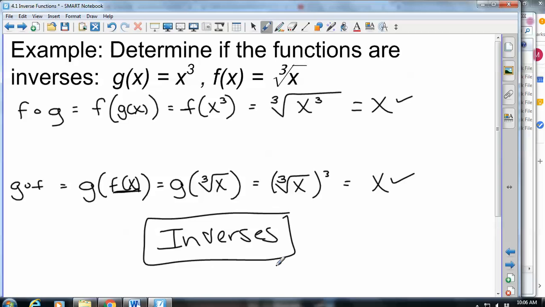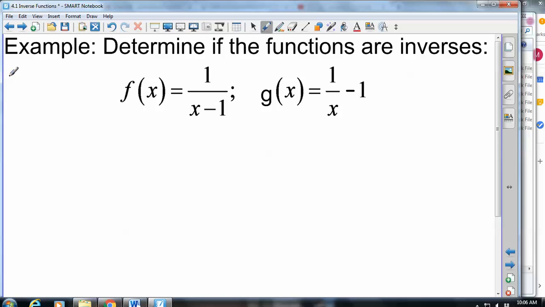Okay. Let's try a couple more. So I want to know if these two are inverses. So first step, let's do f composed with g.